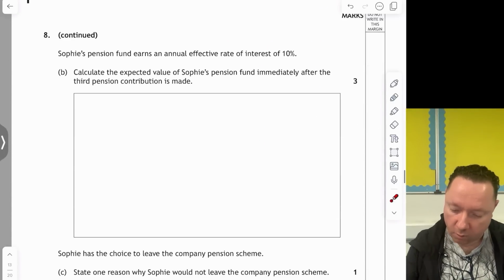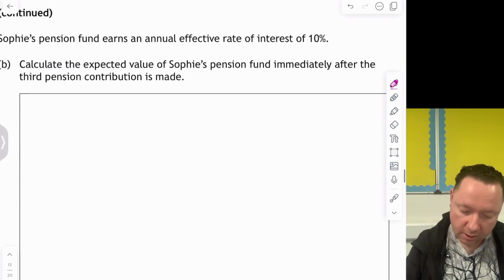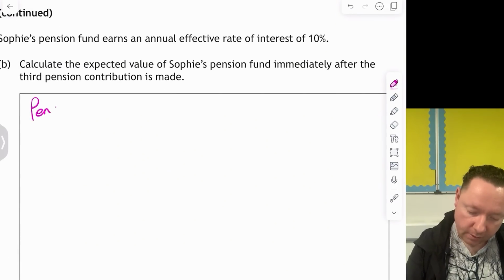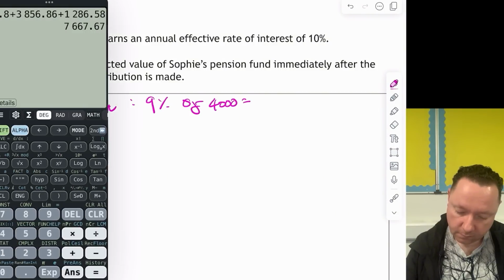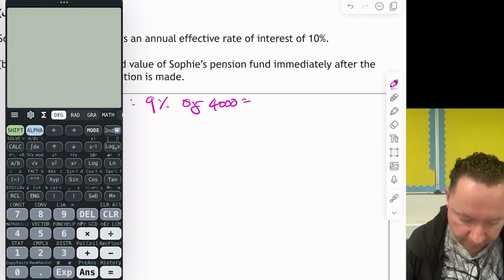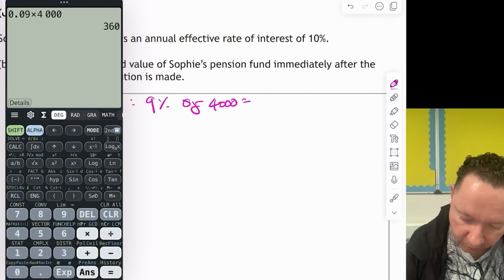So we need to work out what our pension contribution is first. So pension per month is 9% of her salary, which is £4,000. So 0.09 times 4,000 is £360. So that's how much she's putting in each month.